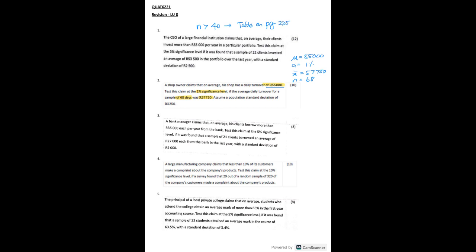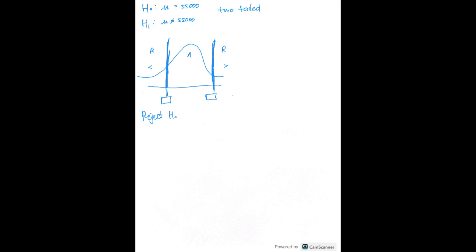And then they say assume a population standard deviation of 3250. So your population standard deviation is 3250. So now we have a two-tailed test. We know that our sample size is greater than 40. We need to go to the table on page 225 of your textbook to get to these limits.